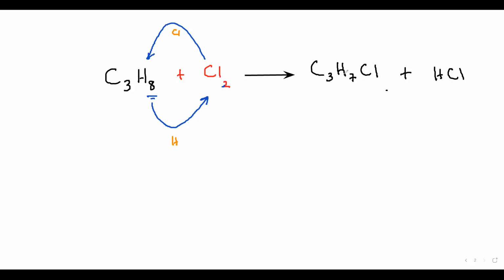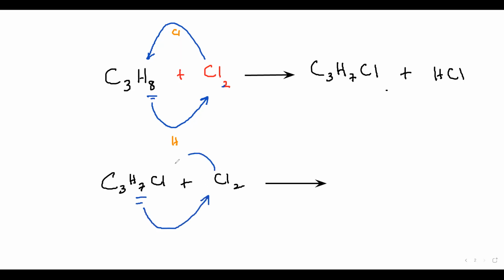Then this C3H7Cl can further react. So this is C3H7Cl plus another chlorine. Now what could be the product? Again, the same thing happens. We now have 7 hydrogen. So out of 7 hydrogen, 1 hydrogen goes out, and out of 2 chlorine, a substitution reaction occurs.